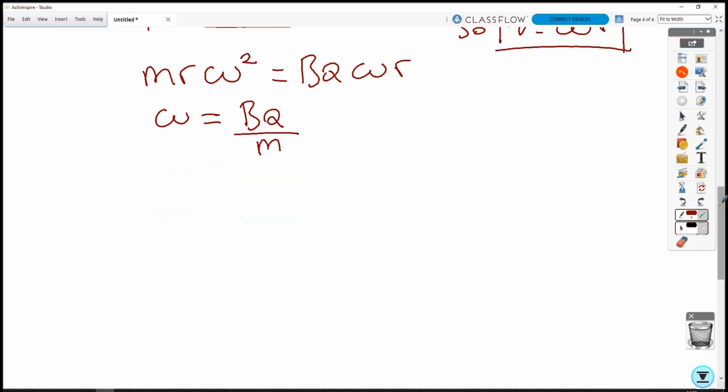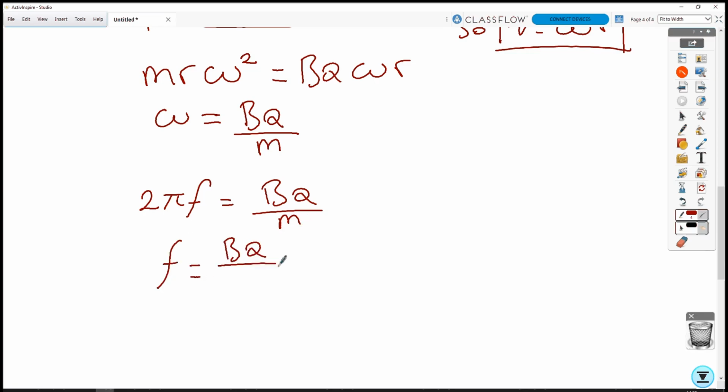Then we know that omega is equal to 2 pi f, which is equal to B q over m. And we can move the 2 pi to the other side. So we've got f equals B q over 2 pi m.